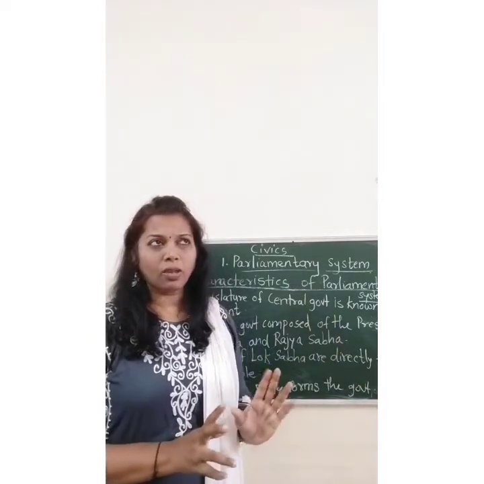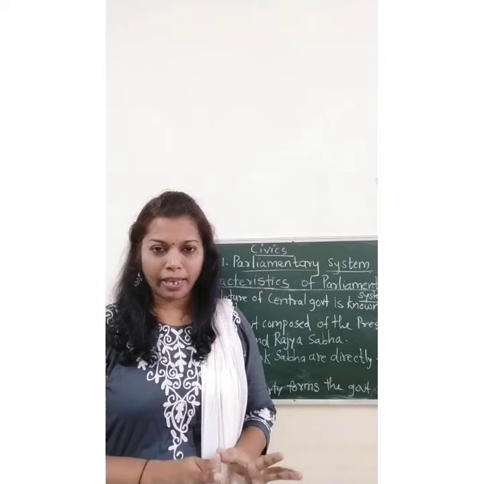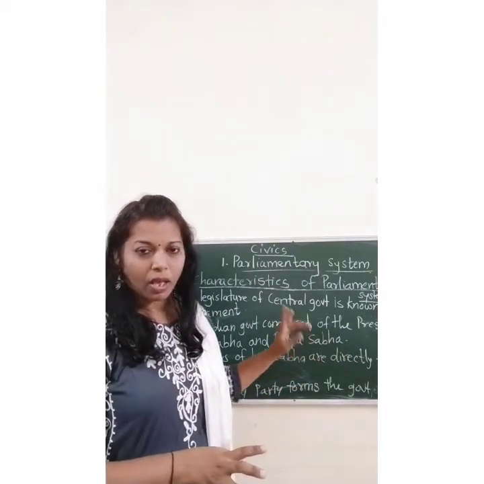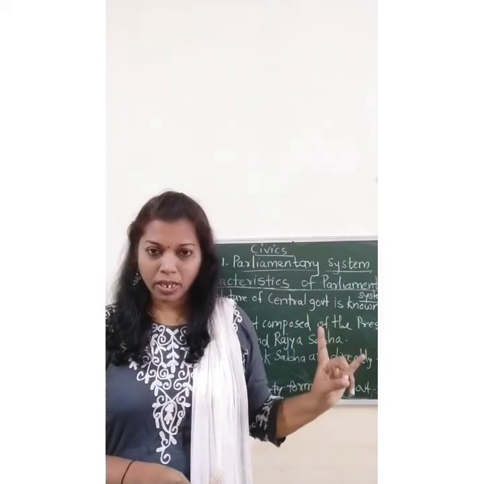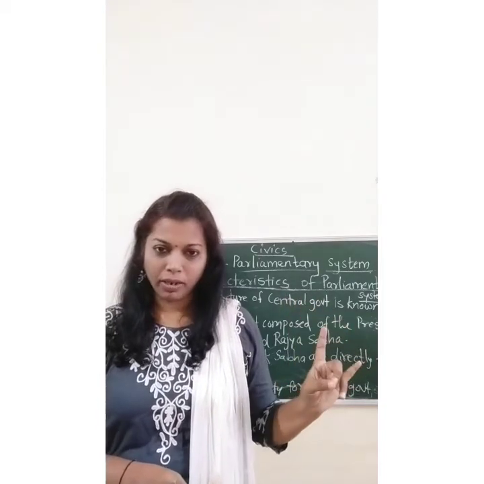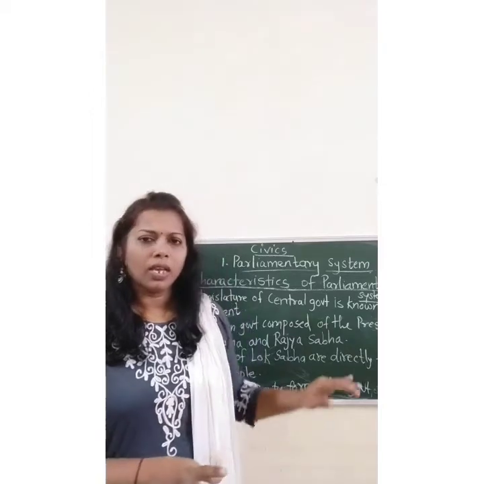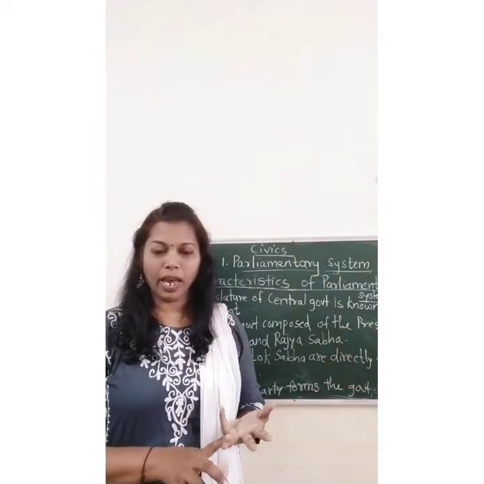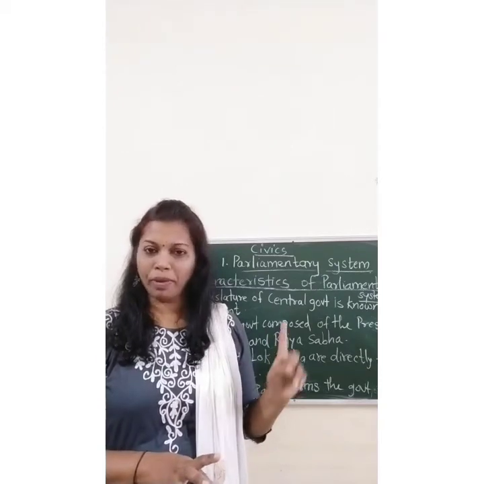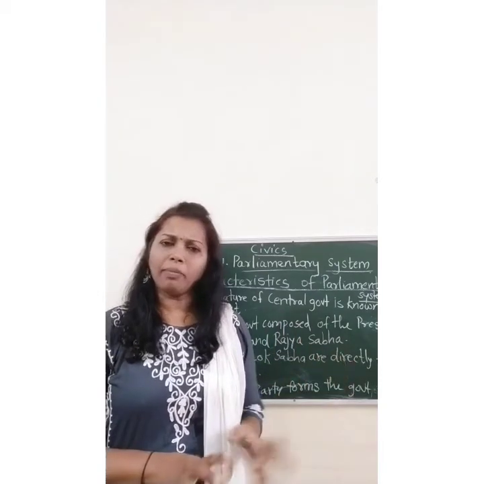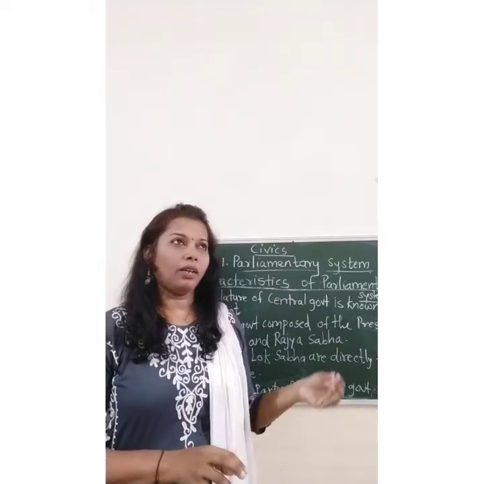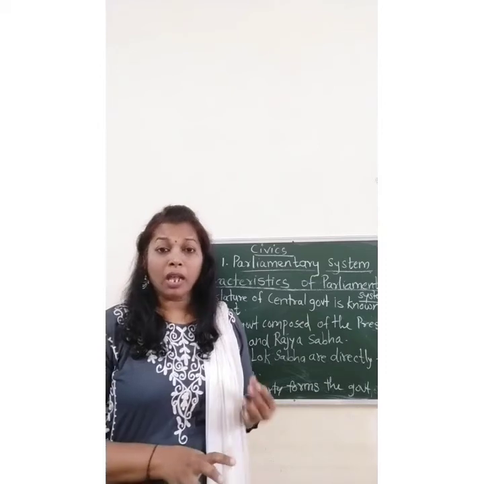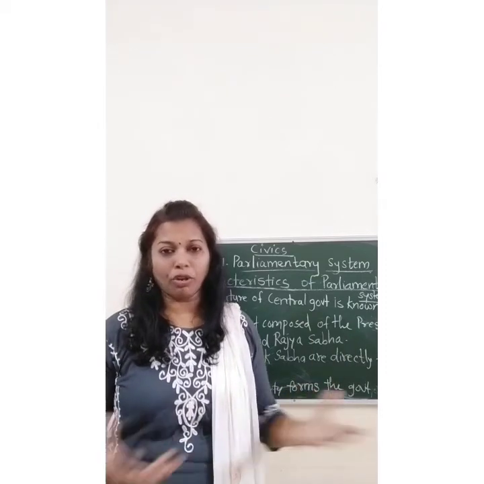When all political parties contest the election, the majority party which wins forms the government. When a state contests an election, the chief minister gets the majority of votes. Sometimes, whether in the state government or the central government, a party may not get the majority of votes.